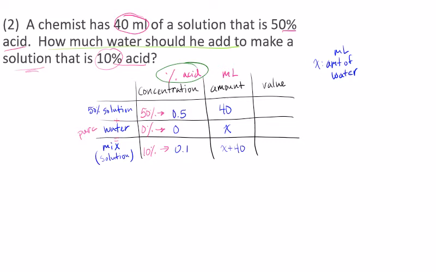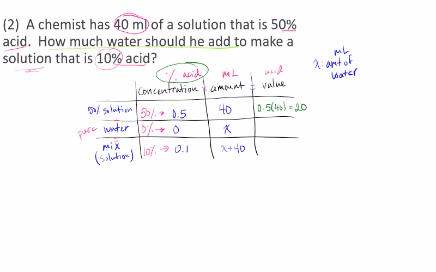All right. And now remember, we multiply the values in the concentration and amount columns, and that gives us our value column. In this case, our value is how much acid is in each of these solutions. So for the 50% solution, 0.5 times 40 gives us 20.